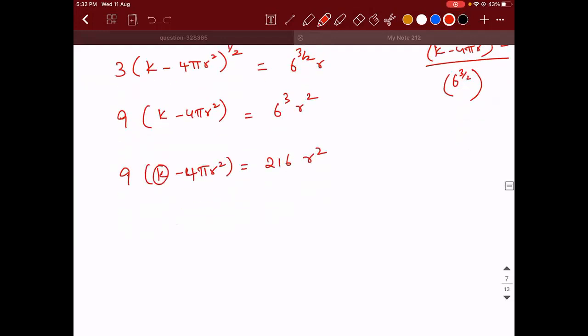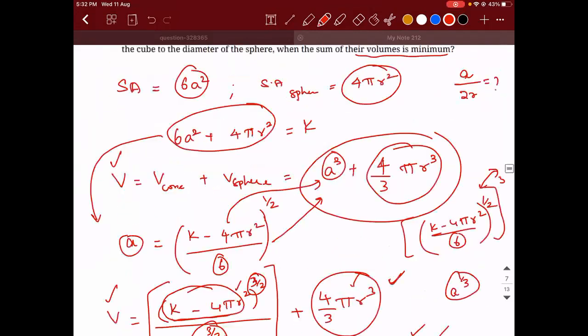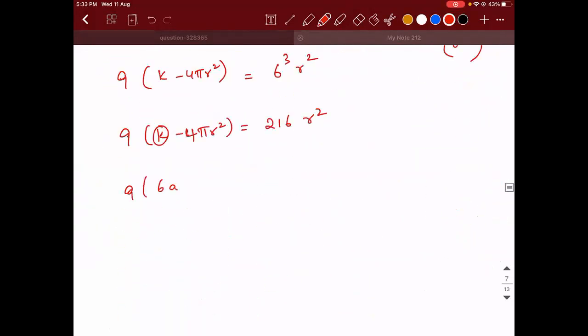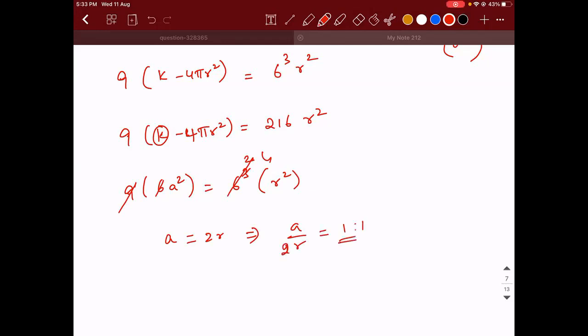K is a cube minus 4 pi r square. Sorry, a cube minus 4 pi r cube. K is 6a square plus 4 pi r square. So here it will be 6. So 6a square is equal to 6 cube into r square. This will go 2 times, this will go 4 times. So a is equal to 2r, which implies a by 2r is 1 actually. Ratio is 1:1, sorry.